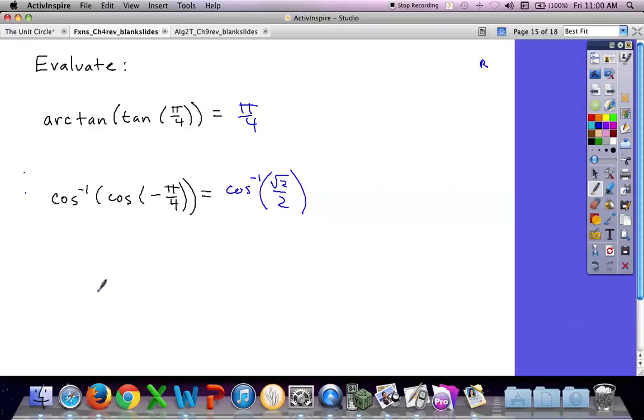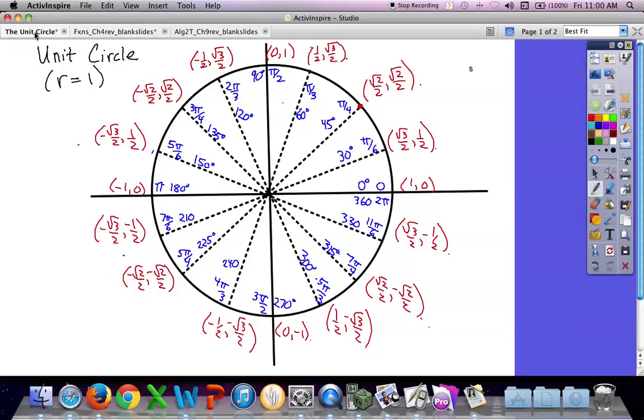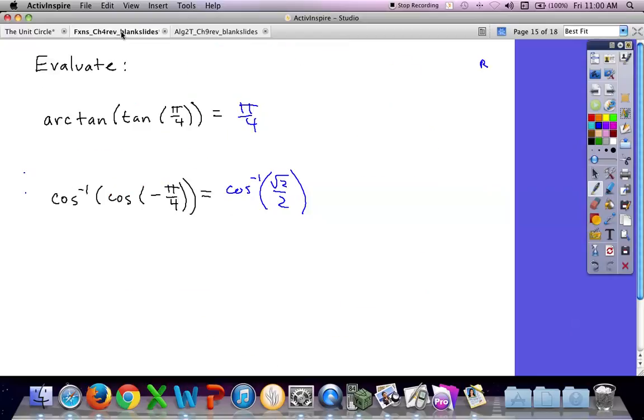In between 0 and pi, where does cosine equal square root of 2 over 2? Pi over 4. So it equals pi over 4. It's not that we can't solve it, but the answer is not going to be whatever's in there because the domains didn't match up.